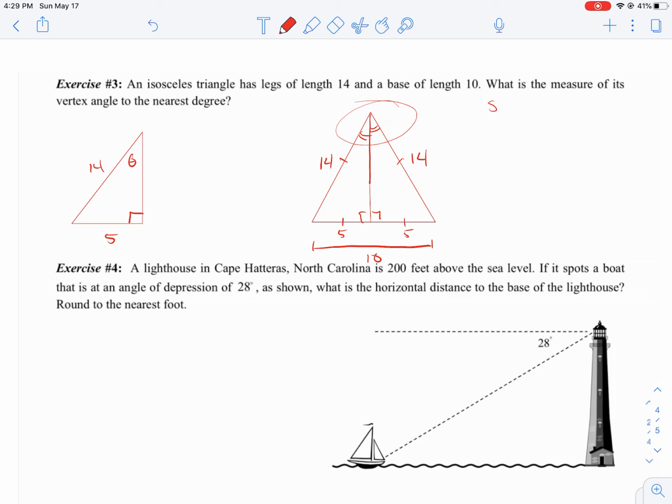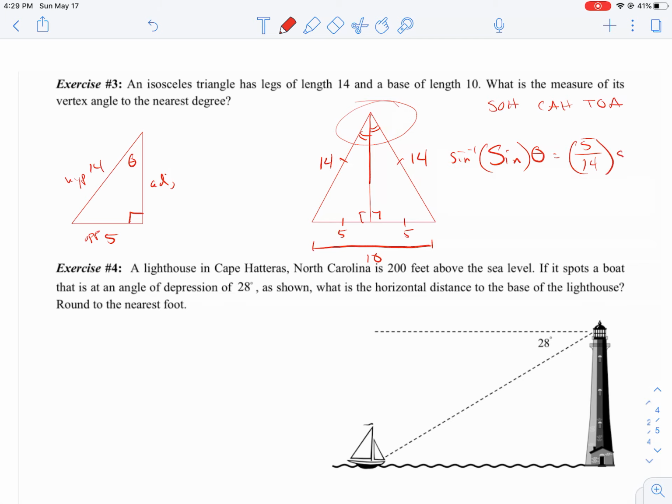So SOHCAHTOA. This is our opposite. This is always our hypotenuse. This is our adjacent. So which trigonometric ratio involves opposite and hypotenuse? Well, that's sine. So the sine of theta is equal to 5 divided by 14.